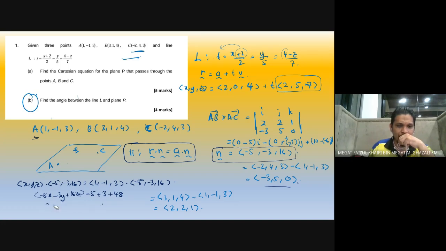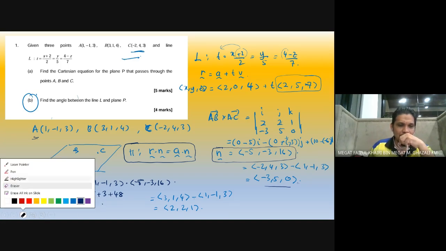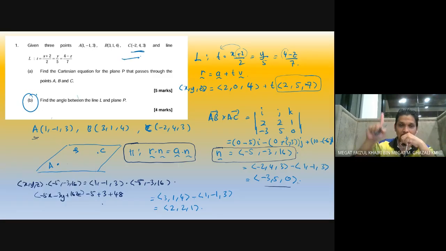Because the normal might be going up as a positive, or might be down as a negative. So we just use what we have here. So negative 5x minus 3y plus 16z equal to 46.